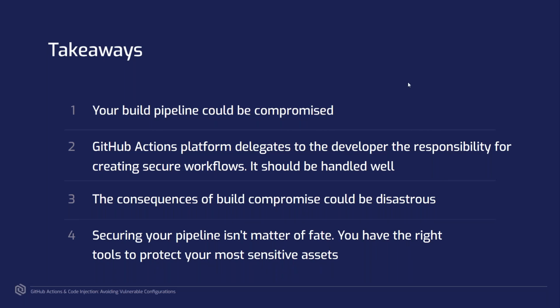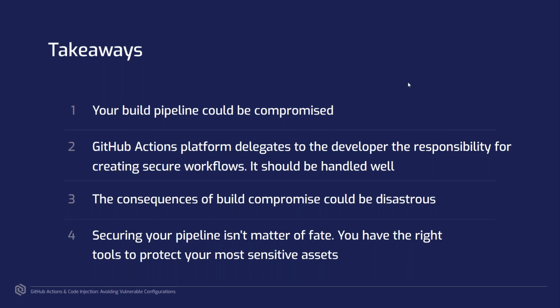Okay, so what will be the takeaway from this talk? First of all, even when GitHub does most of the work for handling the build pipeline for you, including ephemeral environments and VM-based isolation, we are showing here that it still can be compromised. Second one, as we've seen in the GitHub best practices paper, it delegates some of the responsibilities for securing the workflows to the developers.